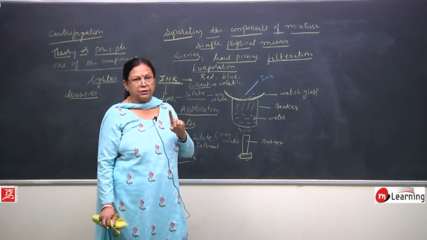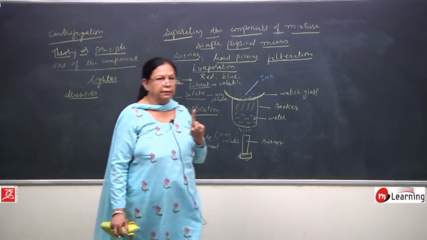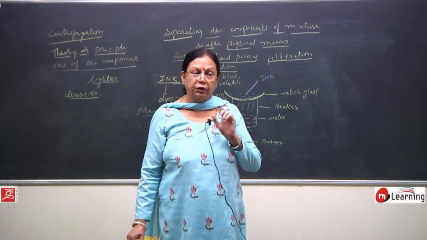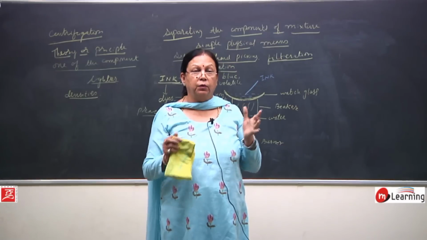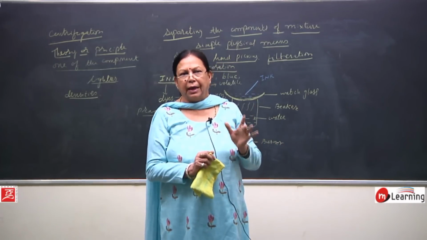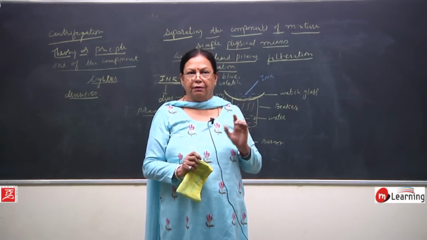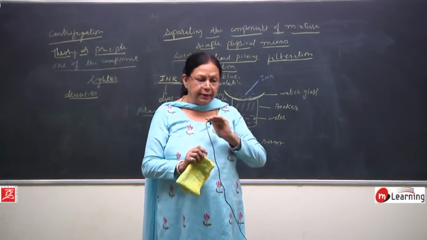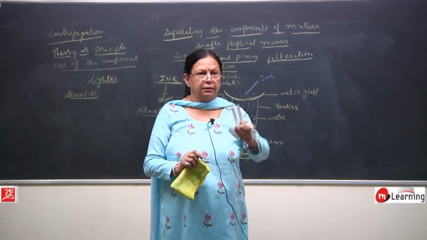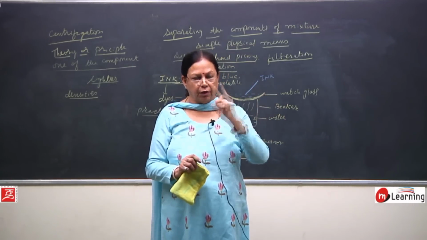And one more application of centrifugation is in washing machines. The clothes are washed in the machines, and what happens when they are washed? Then the water from them is taken out. What is done? The machine rotates, the clothes also rotate.